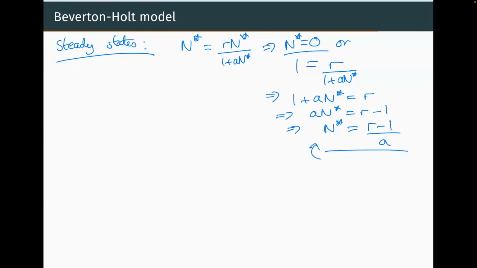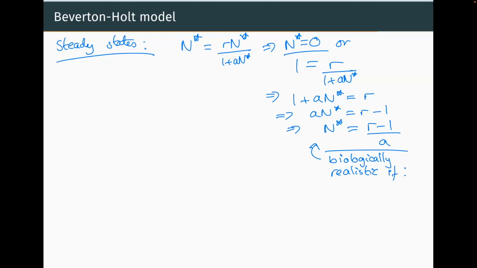Key thing at this point, we need to say, when is this biologically realistic? I've got a trivial steady state, which is always N star equal to 0. That's always biologically realistic. Doesn't matter what my parameters are, that always exists. This N star equal to (r minus 1) over a, when is this biologically realistic? So yeah, a's got to be greater than 0.